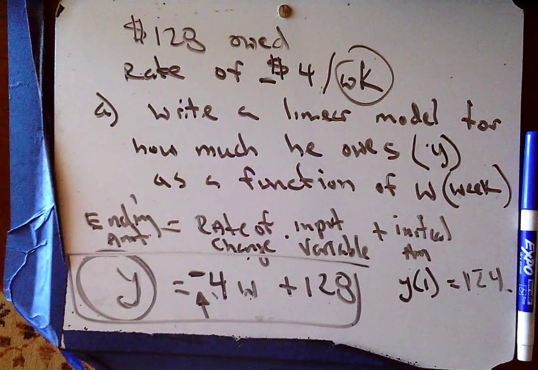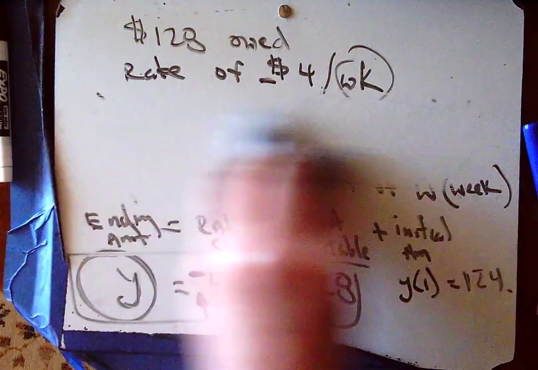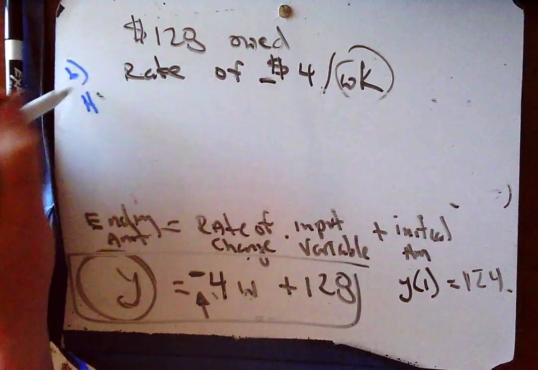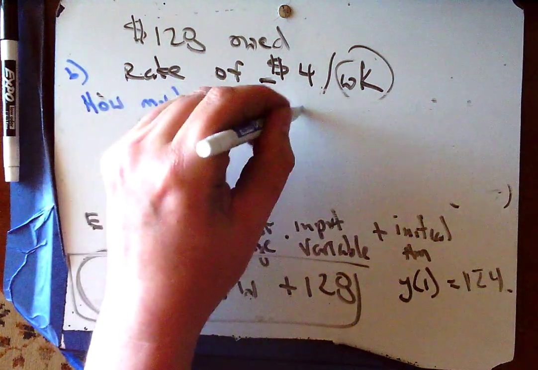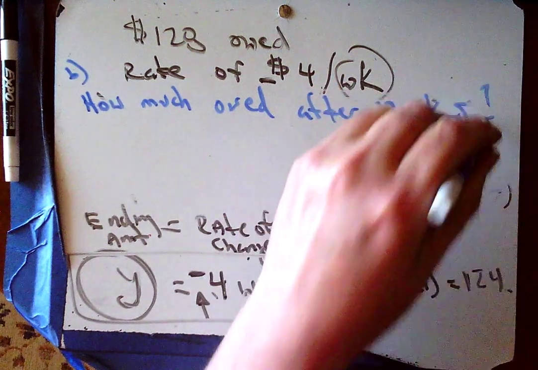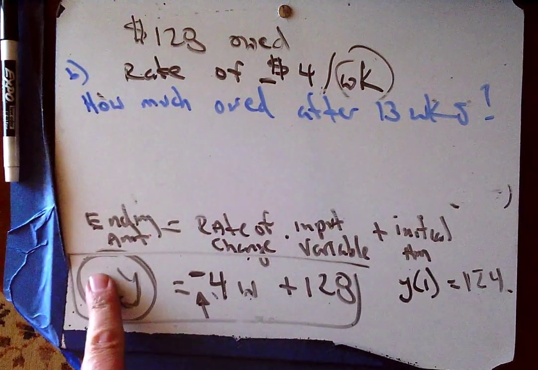Now, what about part B? How much does he owe you after 13 weeks? So that 13, does it go in for a W or does it go in for y?